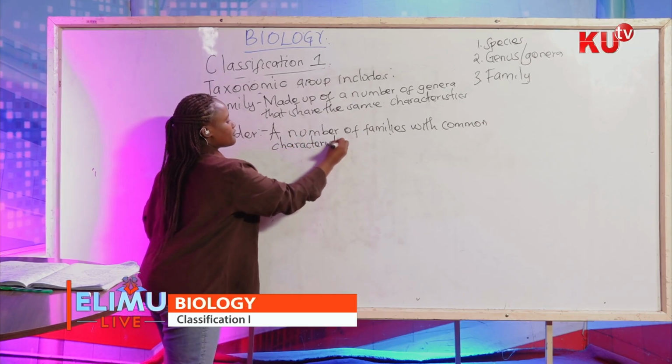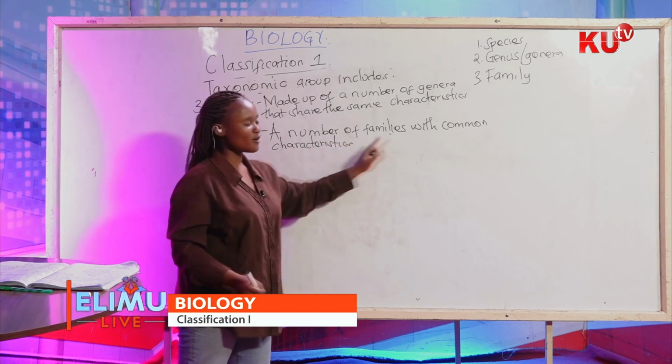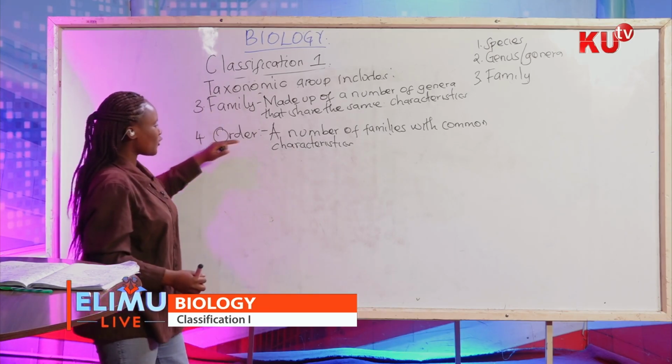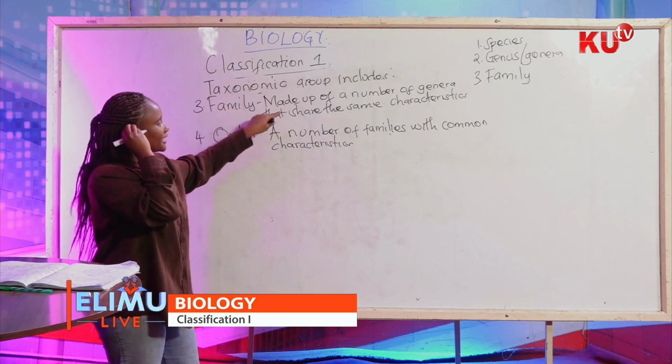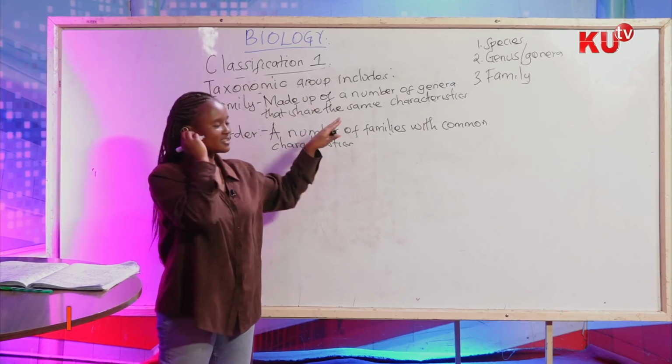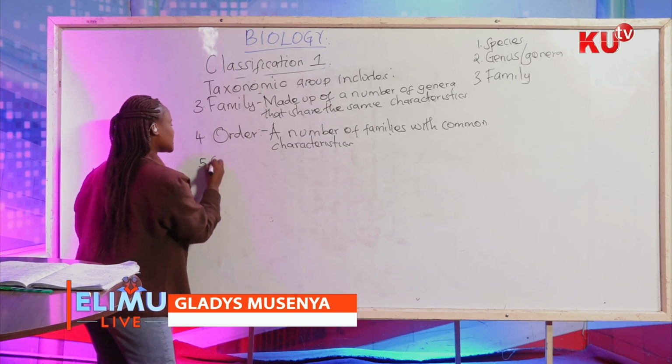So from whatever we talked about, the units all have common characteristics. So order, a number of families with common characteristics, and then family, a number of genera that share the same characteristics.